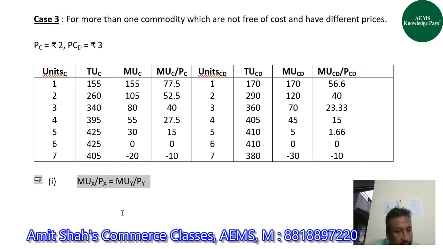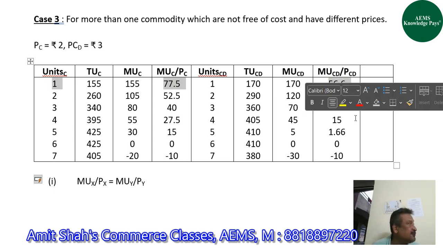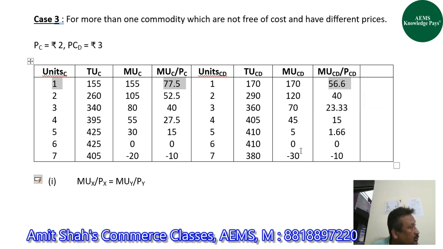We want to know how many units you should purchase of chips and cold drink. So how many units you should purchase? If 1 unit of chips is giving 77.5 utility per rupee, and 1 unit of cold drink is giving 56.6, then in that case they will buy only chips, not cold drink.